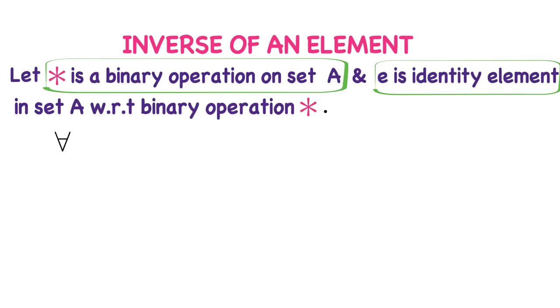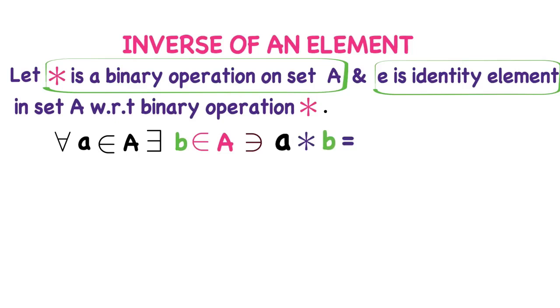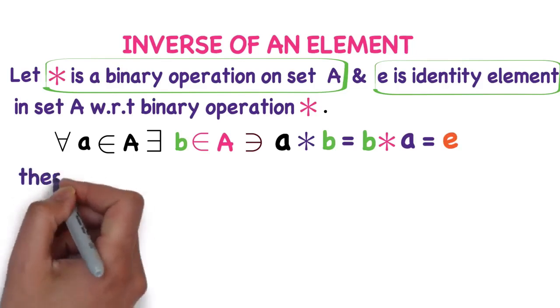Now, to find the inverse of an element a, for any a belongs to set A, there exists b belongs to set A such that a star b equals b star a equals e. What is e? e is the identity element.